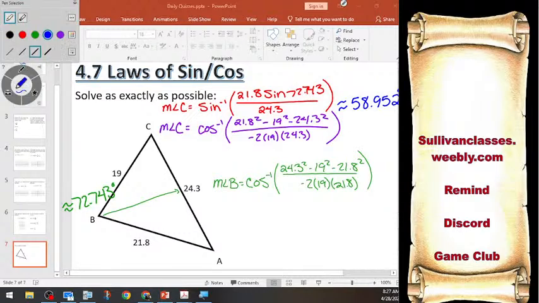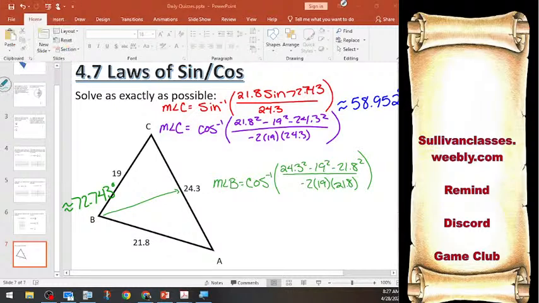And the other one, I would just subtract from 180. Say 180 minus that, and I'll get measure of angle A is about that.